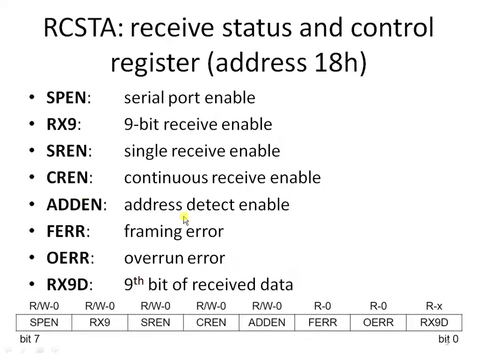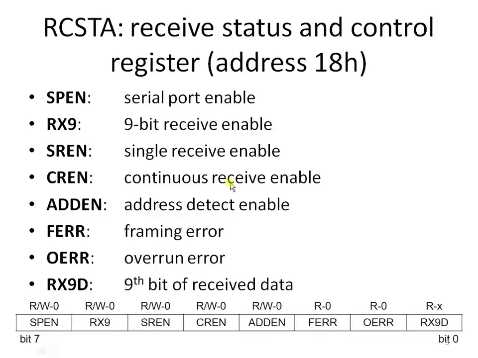Okay. Then you have RCSTA, which is the receive status and control register. We'll again start from the MSB, that is SPEN. Now, when you want to use USART communication, then we have to use GPIOs. Those GPIOs should be configured as TX and RX in case of UART, and in case of USART, they should be configured as clock and data.